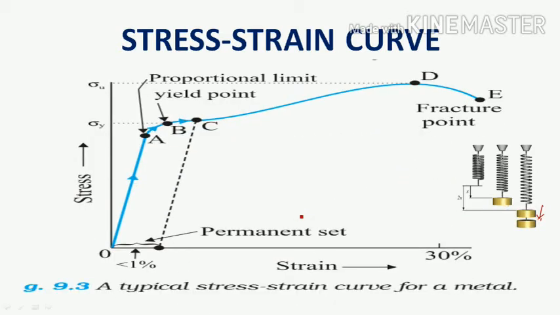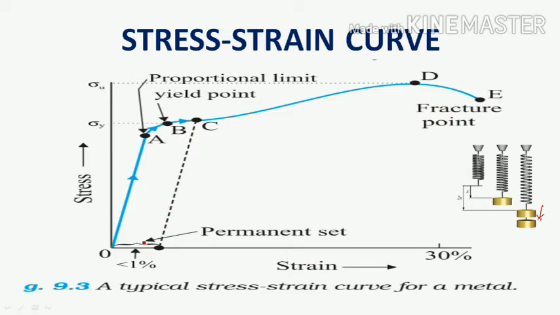Now I have taken strain on the x-axis and stress on the y-axis. I am varying this force or load and noting the corresponding change in length. On one side I am recording stress and on the other side the strain.